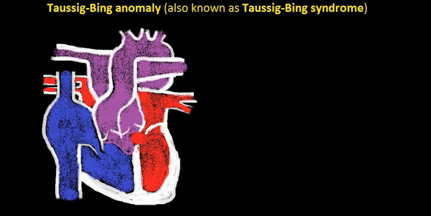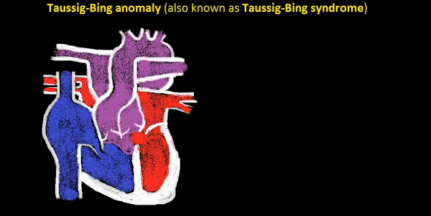Over here there is obviously the ventricular septum, and here is a ventricular septal defect, which is subpulmonic because it is exactly below the pulmonary artery, just below the pulmonary artery, which is this.